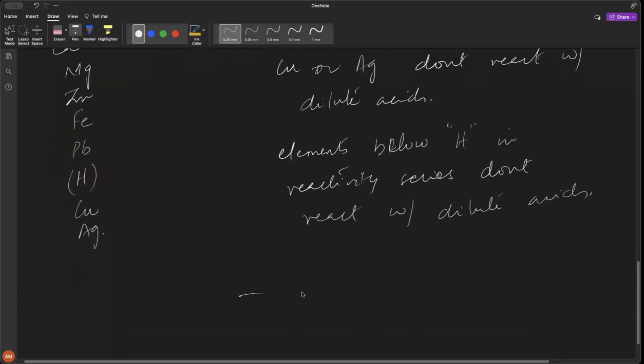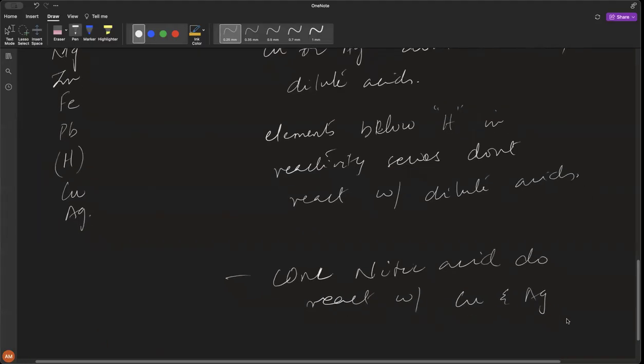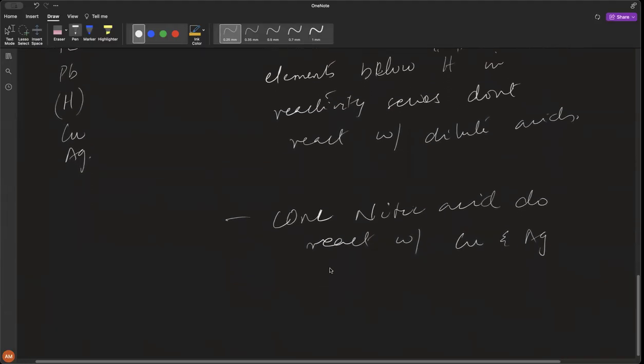Only concentrated nitric acid does react with metals such as copper and silver, Ag. They do react, only with concentrated acid, but they do not give hydrogen gas.